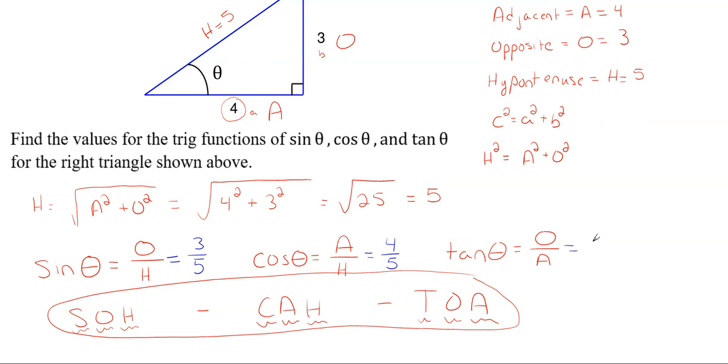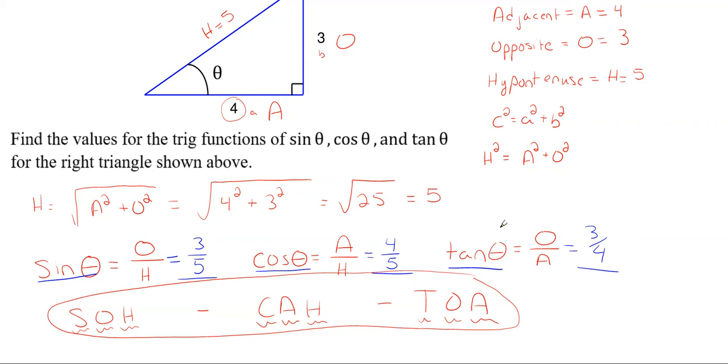And then the tangent, which is the opposite over the adjacent, which is 3/4. What's shown in blue is your answers for the sine of theta, the cosine of theta, and the tangent of theta for the right triangle. So the sine of theta is 3/5, the cosine of theta is 4/5, and the tangent of theta is 3/4.